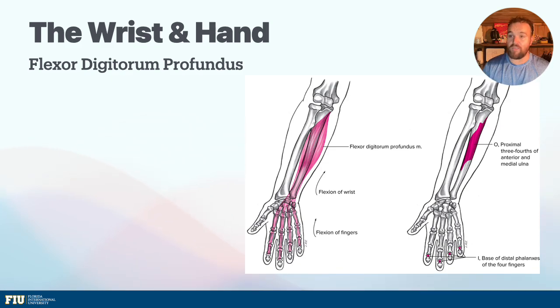But as we've spoken about in the past, we know that whenever a muscle crosses a joint, it will work on that joint. So for flexion of the fingers, we can see how far that muscle runs, and we can see that it's also going to flex our wrist. It's also going to help to flex. When we talk about fingers, we can differentiate here and see that the muscle inserts on the base of the distal phalanges of the four fingers, right?